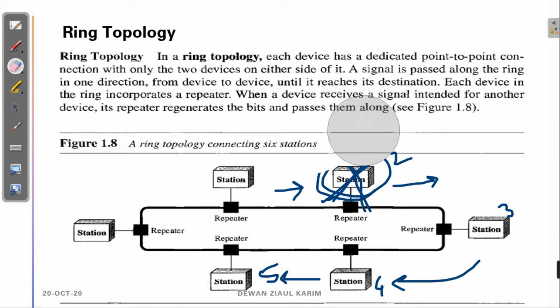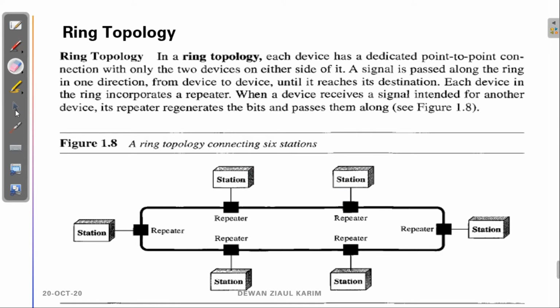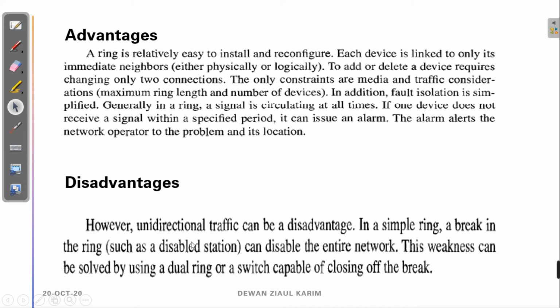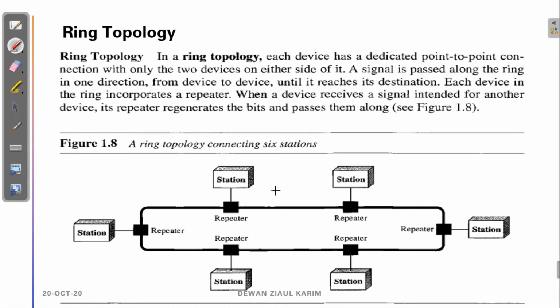However, both of these disadvantages can actually be solved. We talked about the unidirectional traffic. This can be solved using a dual ring topology, that means a topology where you can use bidirectional traffic.